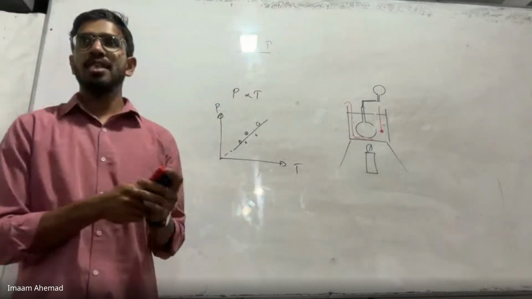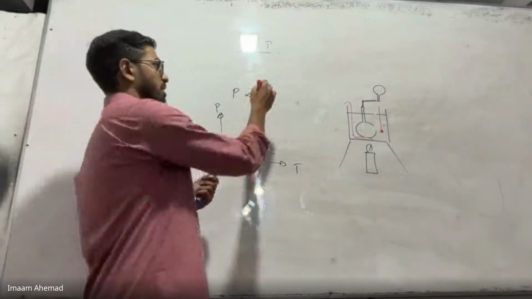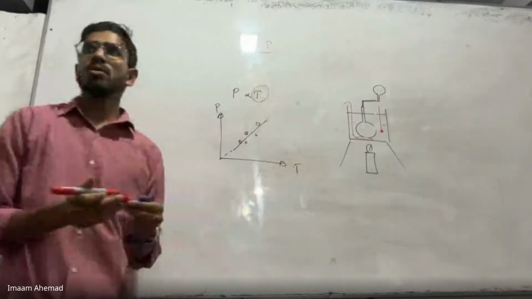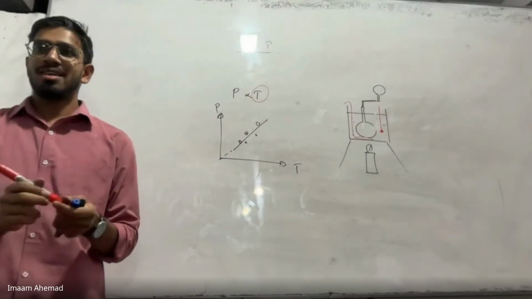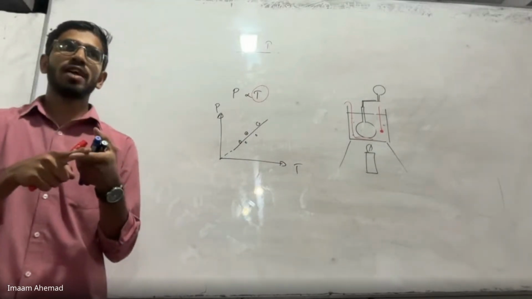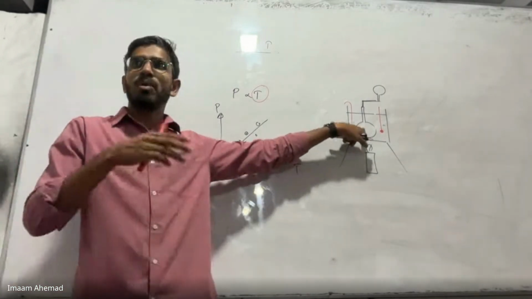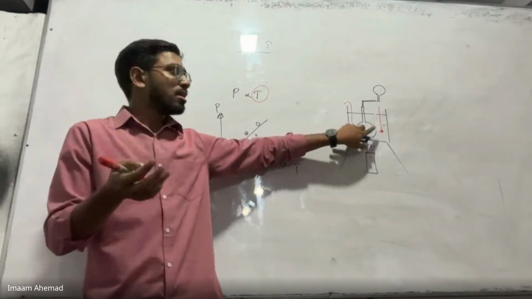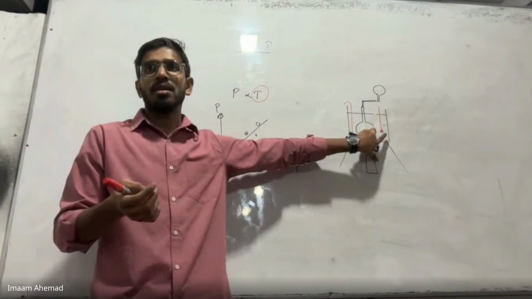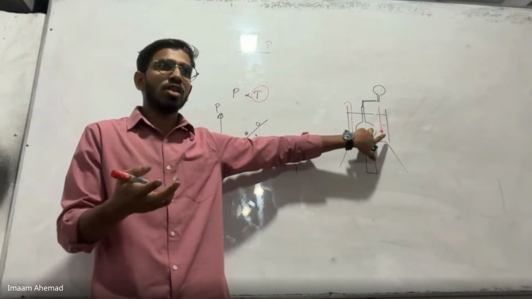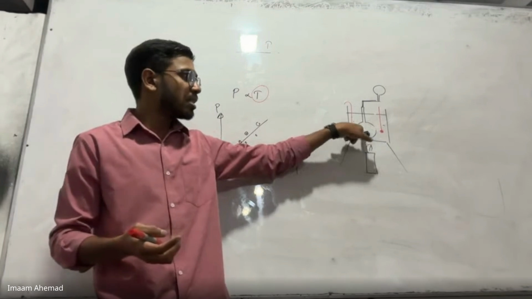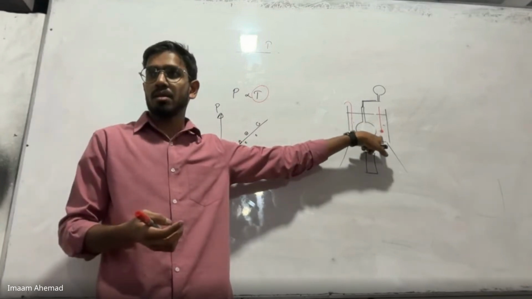And by the way, in this experiment, whose temperature do we need to measure? Temperature of water or temperature of gas? Temperature of the gas. But what are we measuring? Temperature of water. We have to make sure that this temperature and this temperature are the same.